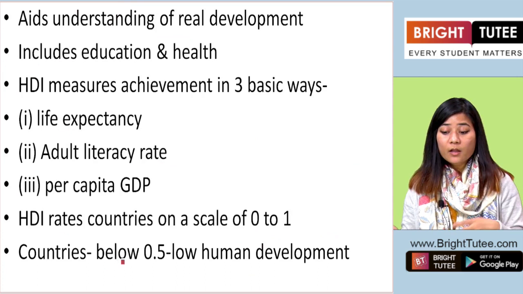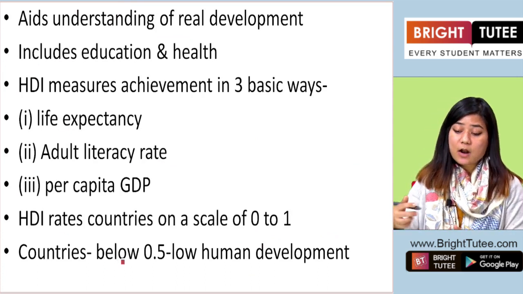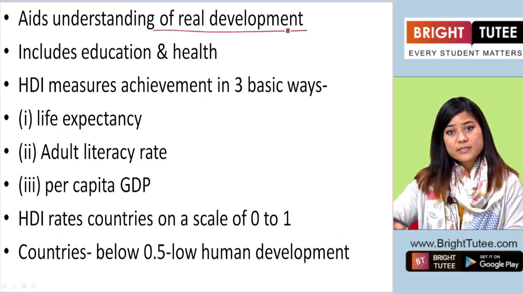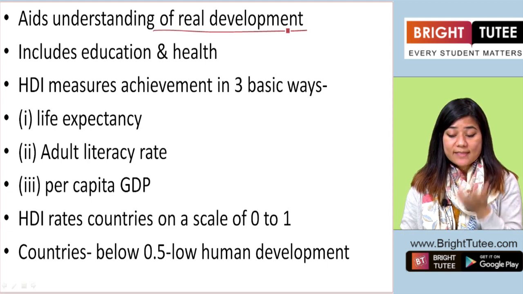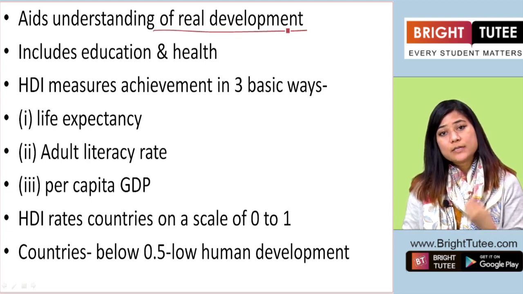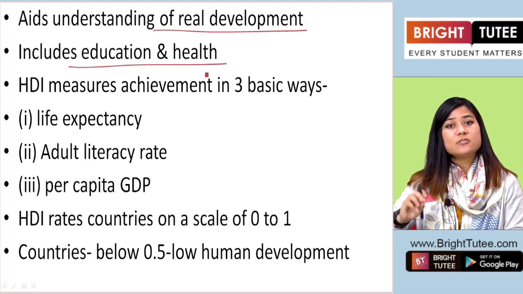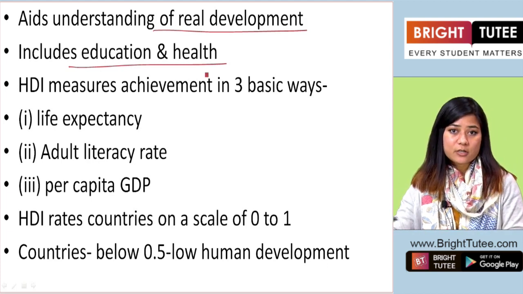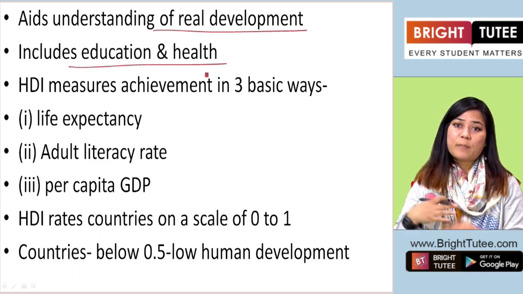The Human Development Index helps in our understanding of the real development of any particular country, and it includes education and health, and it does not exclude income or national income. That is also part of its indicator.